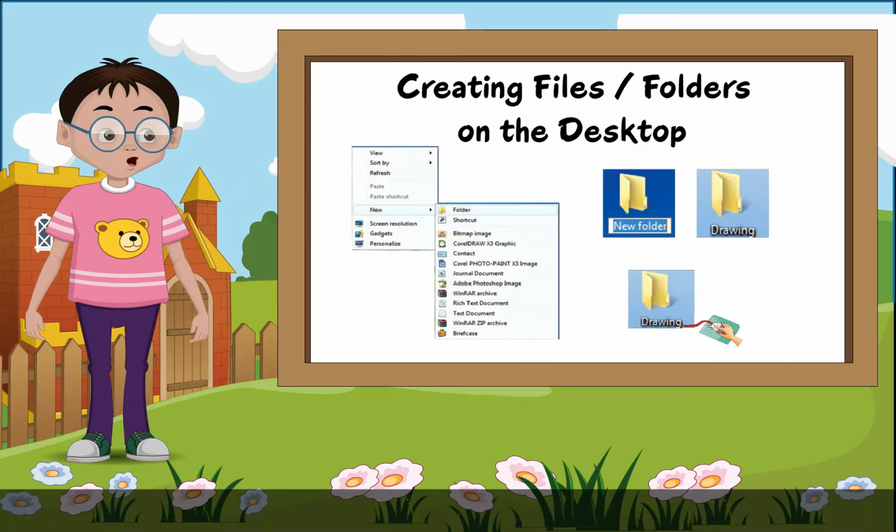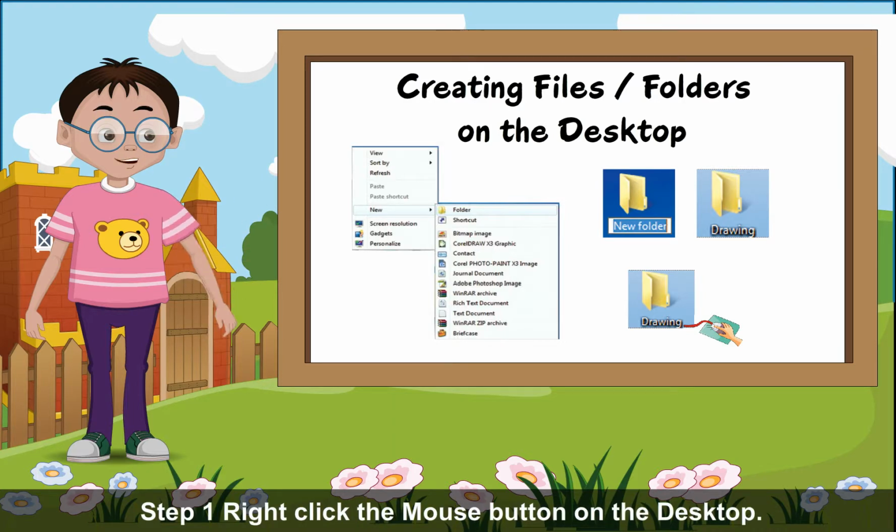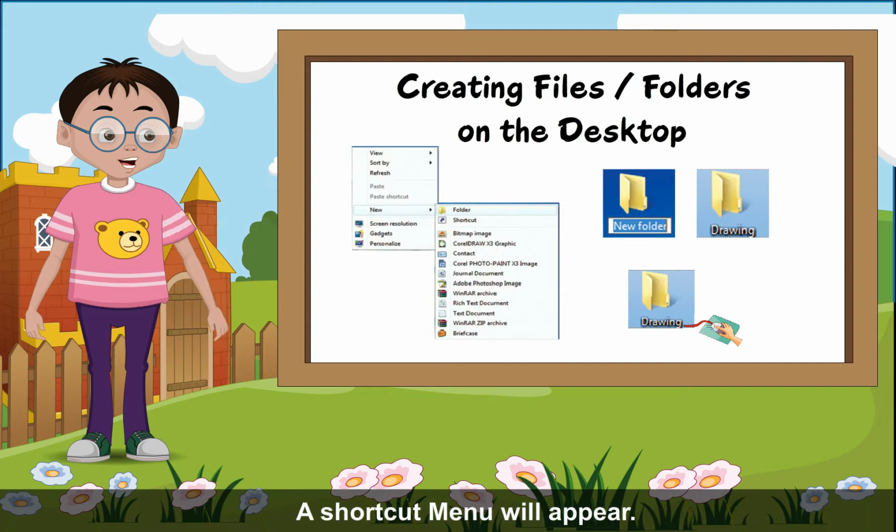Creating files, folders on the desktop. A file or a folder can be easily created on the desktop. The steps are: Step 1. Right-click the mouse button on the desktop. A shortcut menu will appear. Step 2.